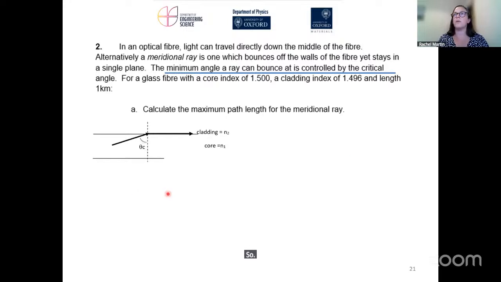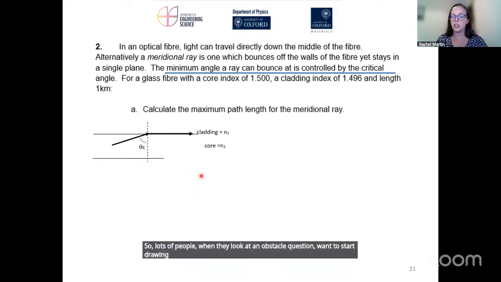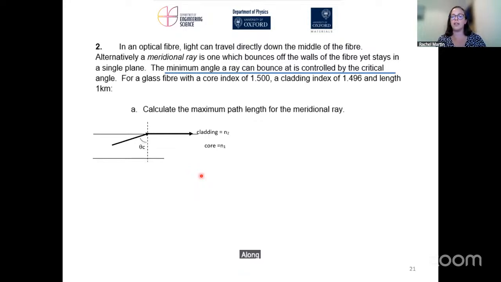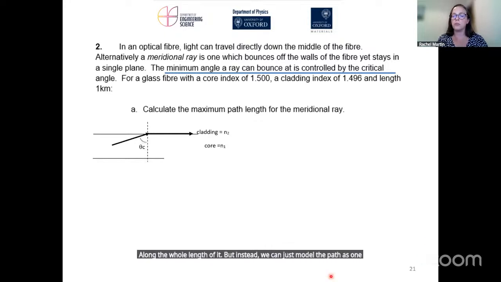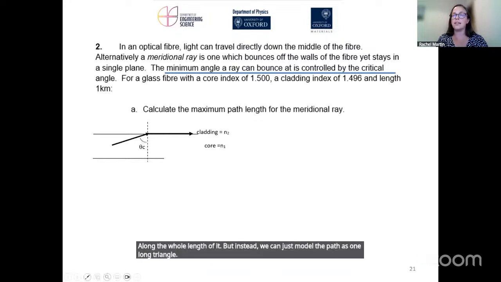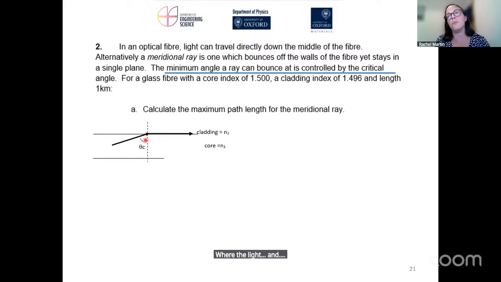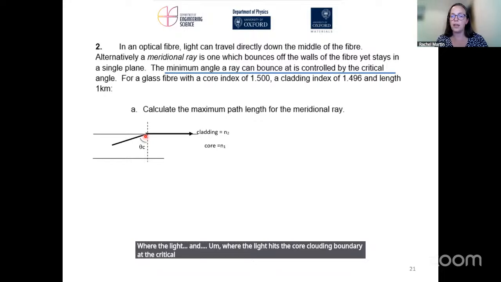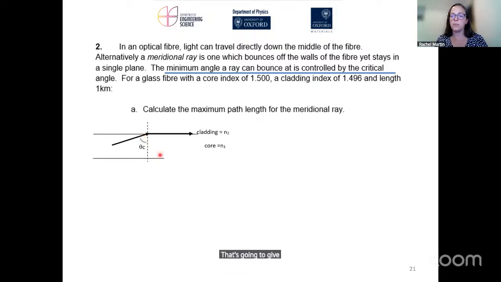So lots of people, when they look at an optical fibre question, want to start drawing multiple reflections along the whole length of it. But instead, we can just model the path as one long triangle where the light hits the core cladding boundary at the critical angle. That's going to give the maximum possible path. That's what we actually did in the last question.